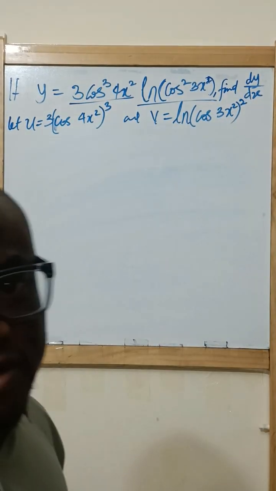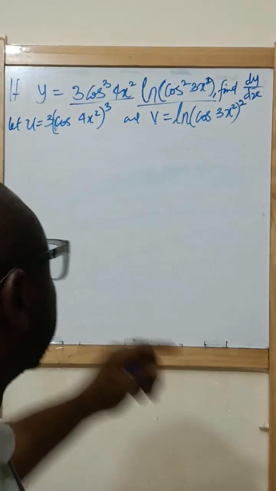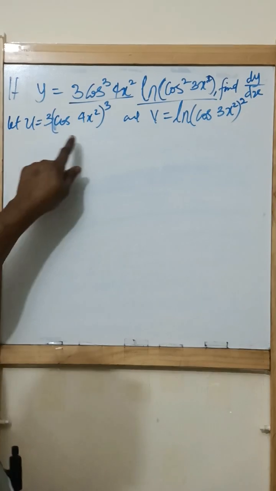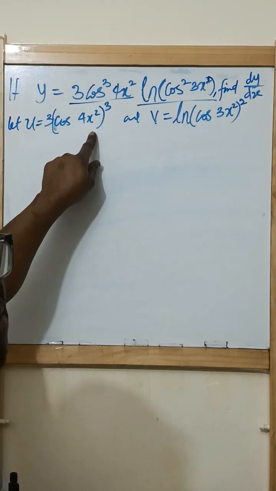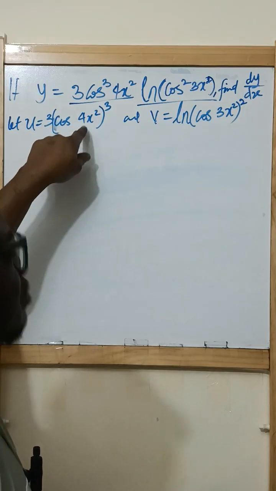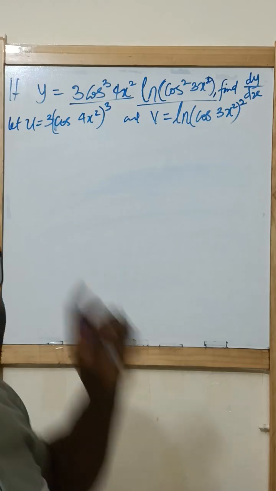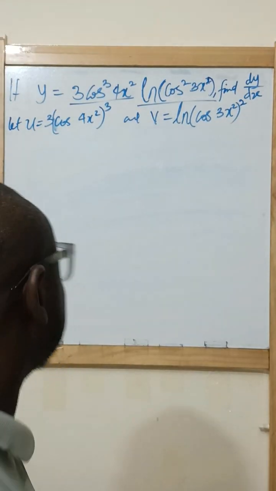To differentiate this, we differentiate three things: we differentiate the subject first, then cos of that subject, then the power. Those are the three things we are going to differentiate.